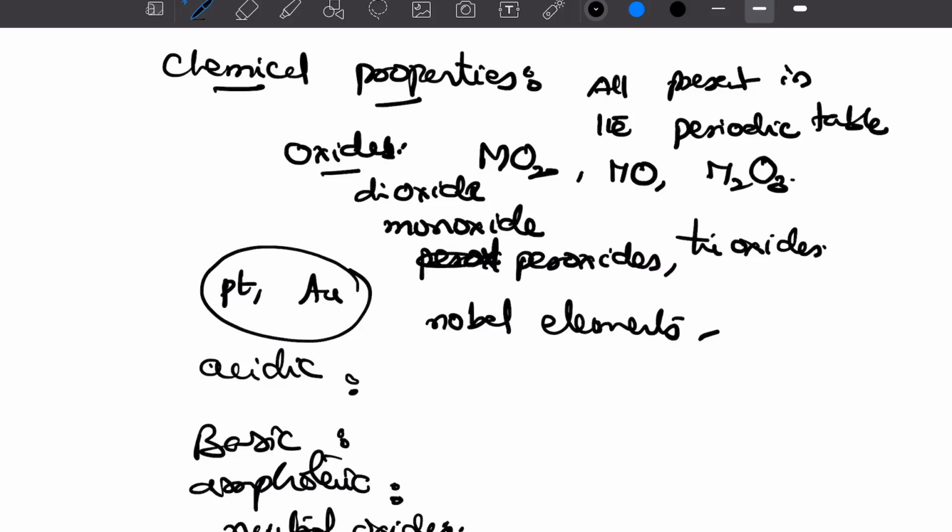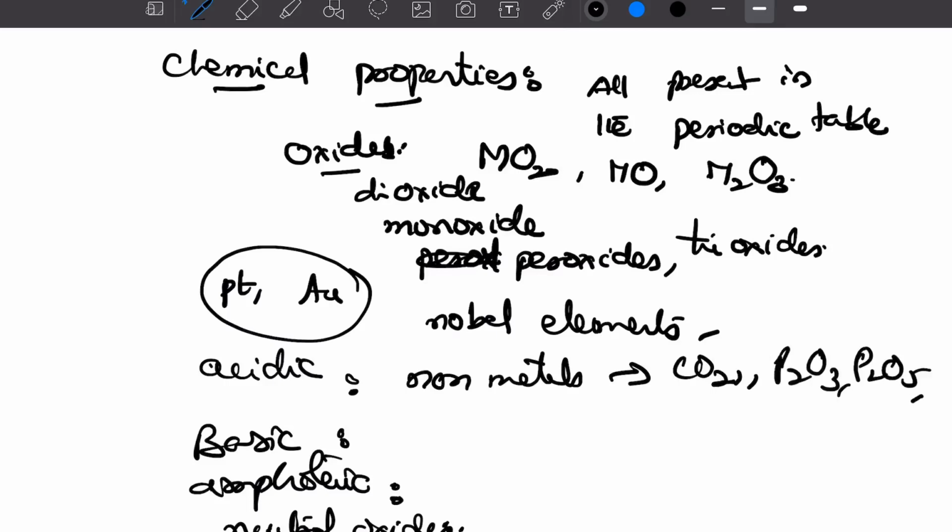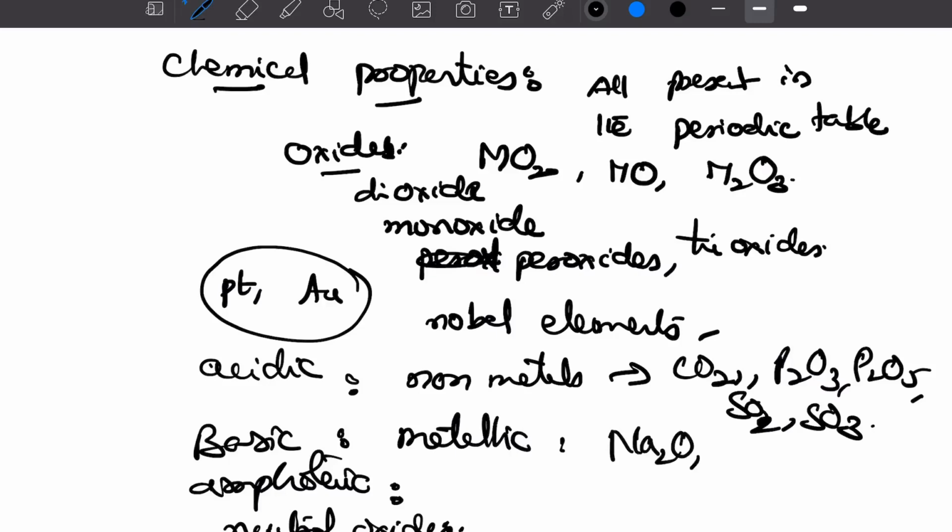Acidic oxides: all non-metals give acidic oxides, for example CO2, P2O3, P2O5, SO2 sulfur dioxide, and SO3 sulfur trioxide. All non-metallic oxides are acidic in nature. Whereas basic oxides, all metallic oxides, are basic in nature, that is Na2O sodium oxide, K2O potassium oxide, magnesium oxide, calcium oxide.